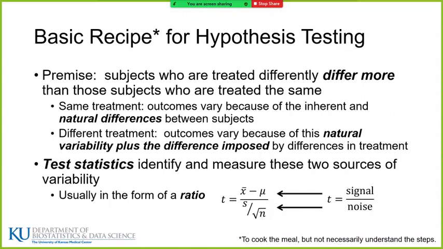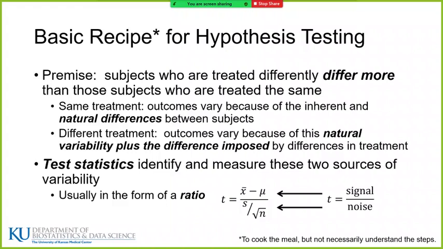Maybe one's had the disease longer than another one. Lots of just differences between subjects. Some of those causes we actually want to account for. But if we don't explicitly account for them, then we just lump it in and call it natural variation. Sometimes we just call it the noise or the error in the statistics.